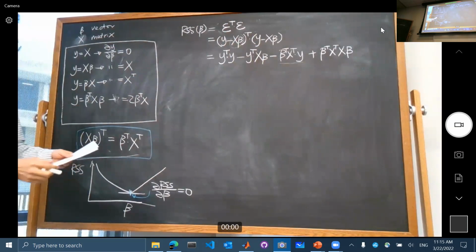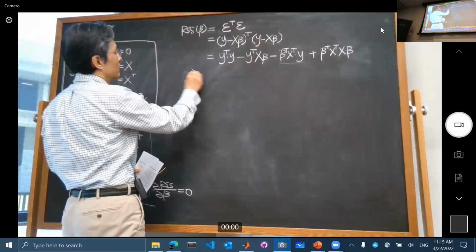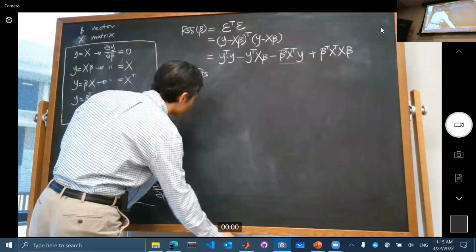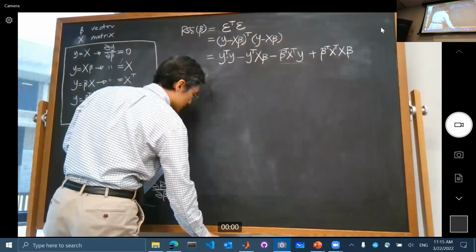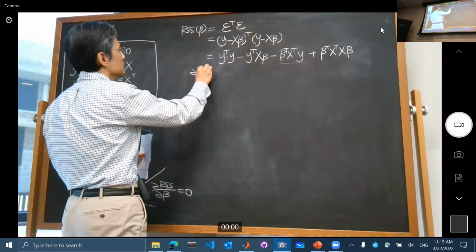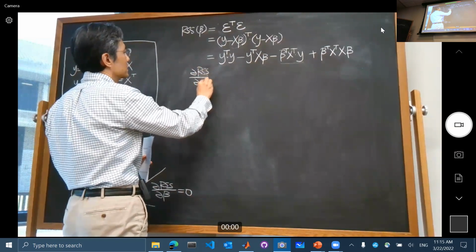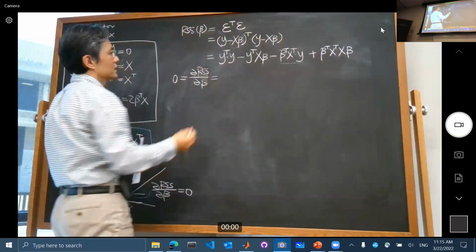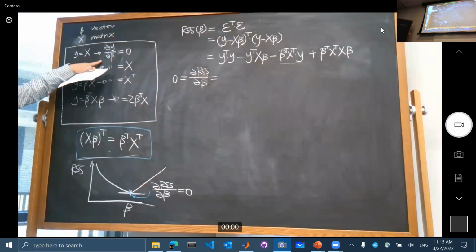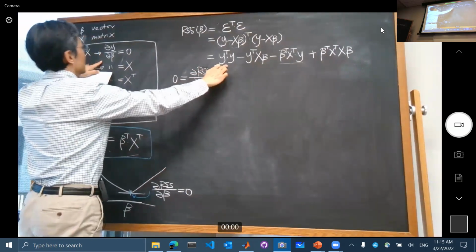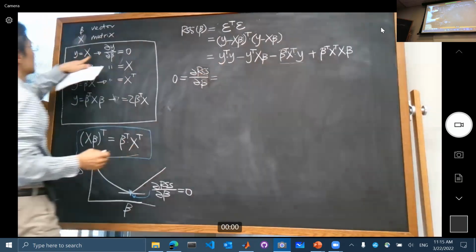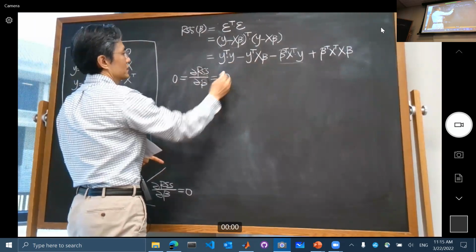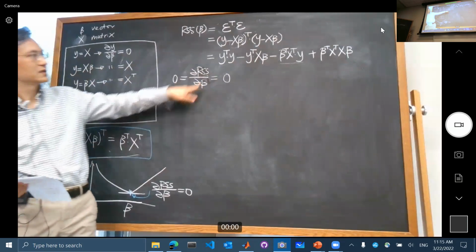Okay, so that's the equation for this. Now I'm going to take the partial of RSS, partial RSS over partial beta. I want this to be 0, so I need to know what this is, and apply those rules here. This stuff you can think of as X. This term is a constant, it's 0, since it has nothing to do with beta.